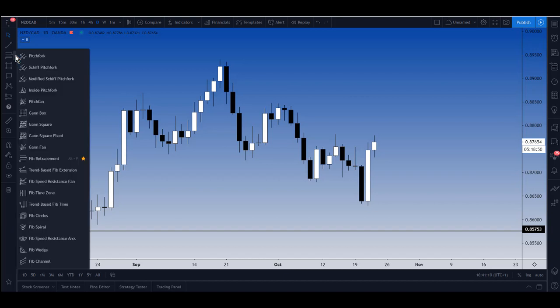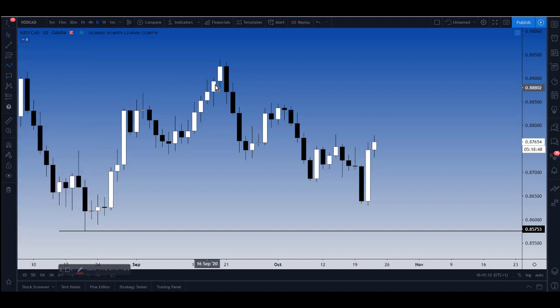So let me just draw that out for you. So now we are potentially in a correction, and potentially we may have another impulse come back and test this low. So we have a trend there, then we have a downtrend.